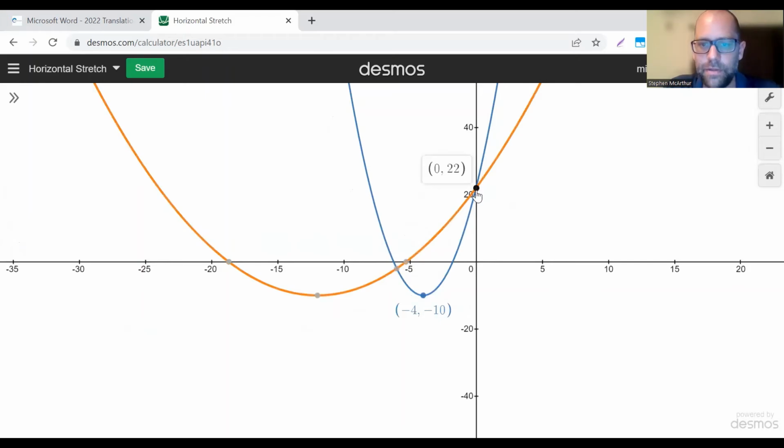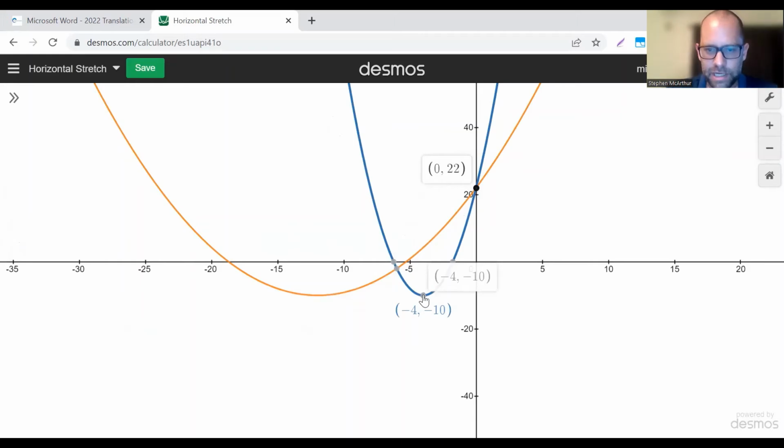So on the original, which is the blue function here, we've got a y-intercept of (0, 22), and this is 0 away from the y-axis. You can tell that because it's hitting the y-axis. So the orange should still be 0 away from the y-axis, and it is. So that's good. They should always hit the same point.